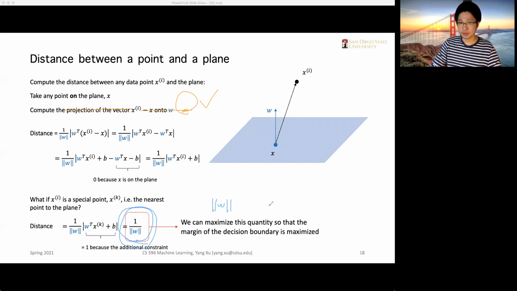And the norm of W is no different than the dot product between the vector W and itself. So eventually we want to minimize this objective function, but we need to keep the inequalities as our constraints, because for all the data points, we must make sure that they are not on the decision boundary. We have such a big constraint here, and we have to use some Lagrangian duality technique to solve such a problem.